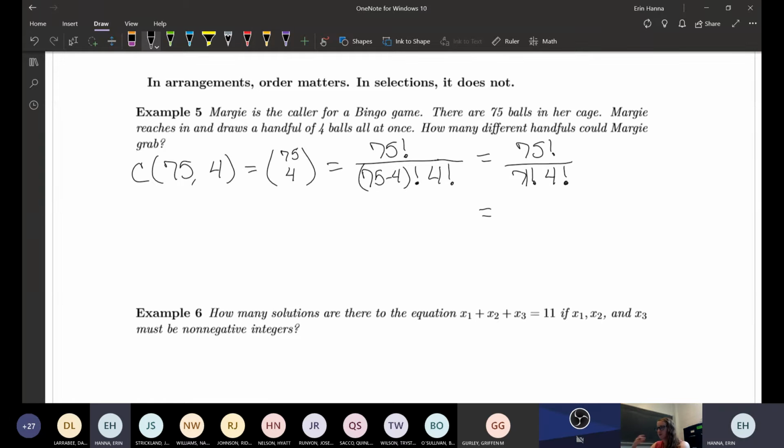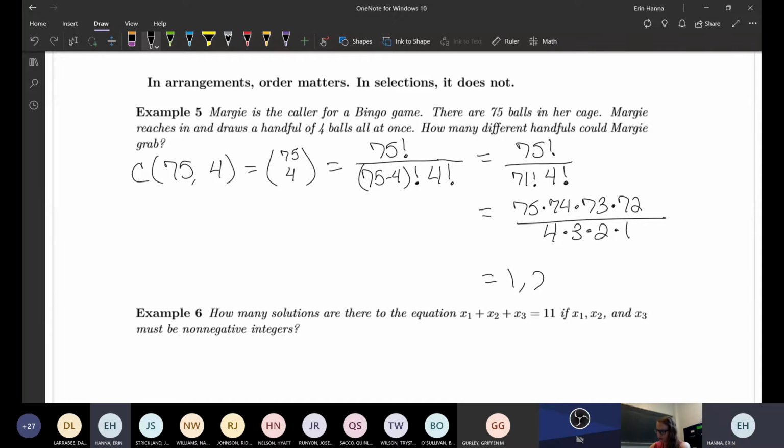Just a bit more generality before I write the final answer: we can think about that 75 factorial divided by 71 factorial as canceling out like we were looking at when we were looking at arrangements. So the numerator can reduce to 75 times 74 times 73 times 72, and then we still have the 4 factorial in the denominator that we haven't canceled anything out with.